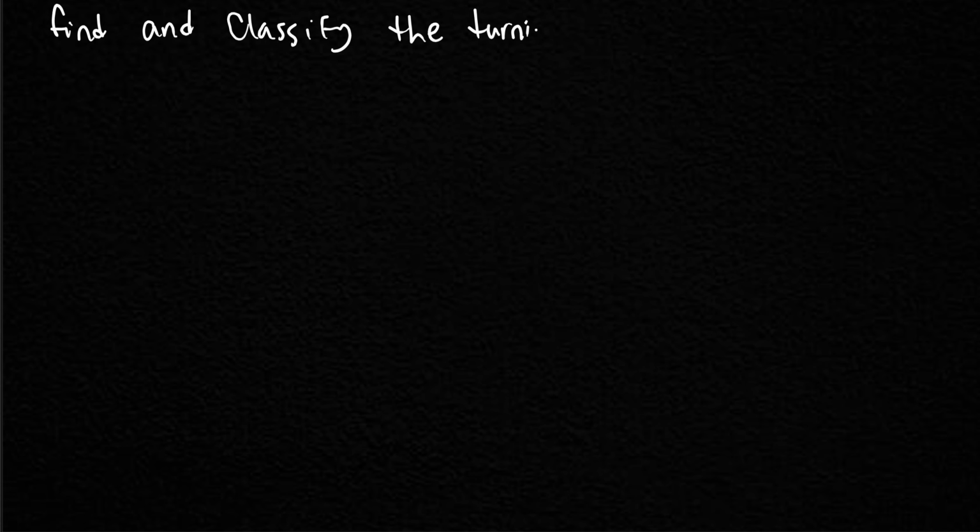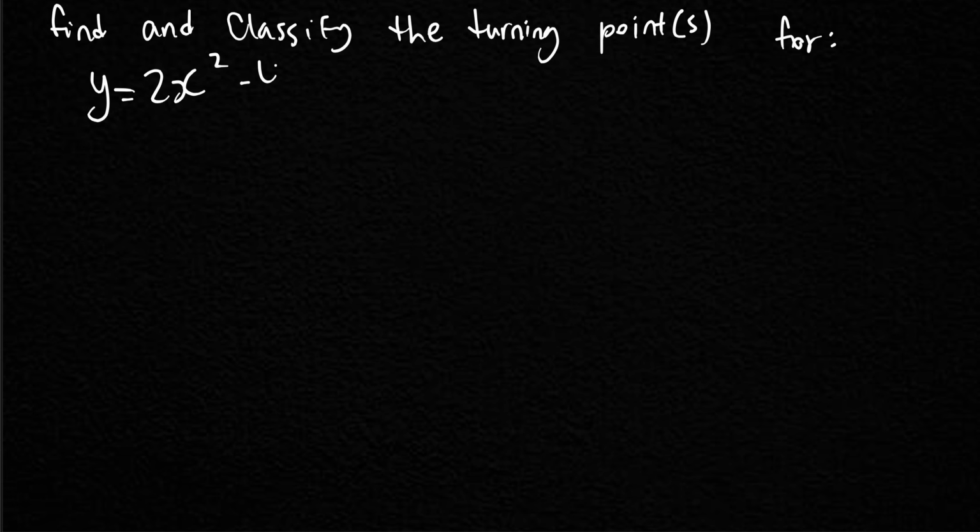This is the way the questions will be asked: find and classify the turning point. It could be points as well. This one's a bit easier actually: y equals 2x squared minus 4x plus 7.